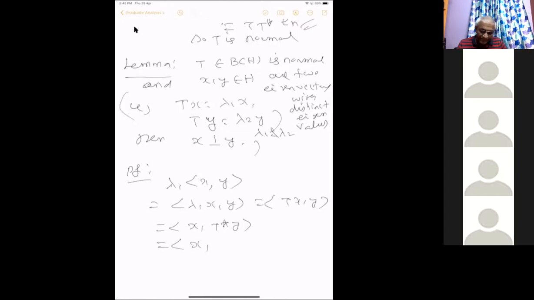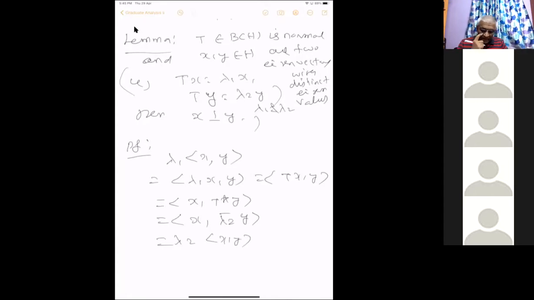If x is an eigenvector with eigenvalue lambda, then it's an eigenvector with eigenvalue lambda bar for T star. I will come to the proof later. This is equal to lambda 2 bar. Now this is equal to lambda 2 x.